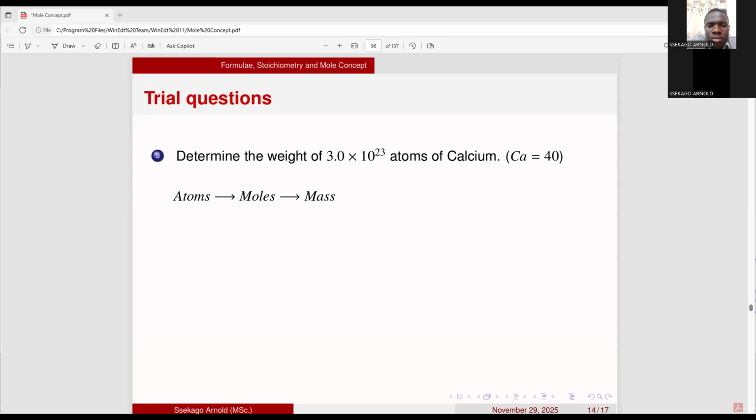Where is it? This is item 3. Determine the weight. It is here. I need to make you collapse. Hope it is now collapsed. Let me run this.